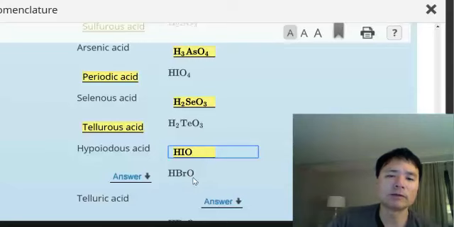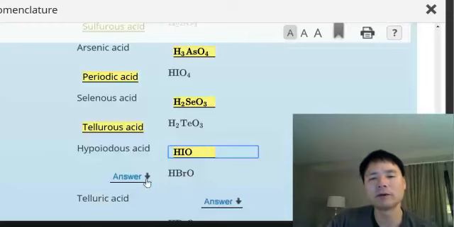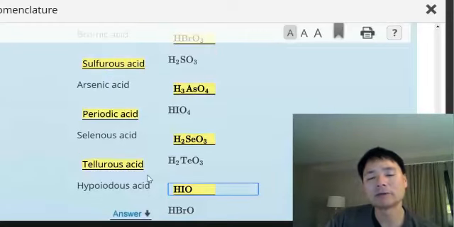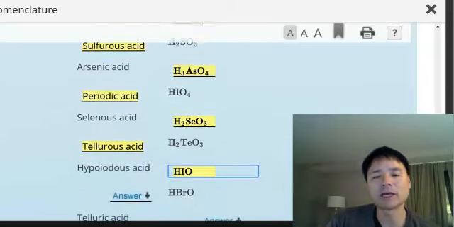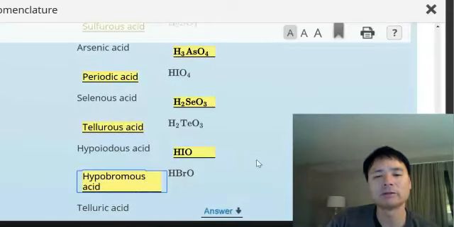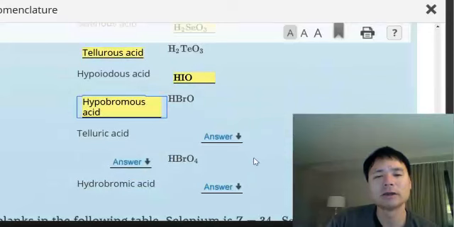Bromate is BrO3 minus, bromite is BrO2 minus, and finally hypobromite is BrO minus. So this would be hypo, and it's an -ite, so it's -ous acid, hypobromous acid, which would be HBrO. Telluric acid, well, it's going to be tellurate.